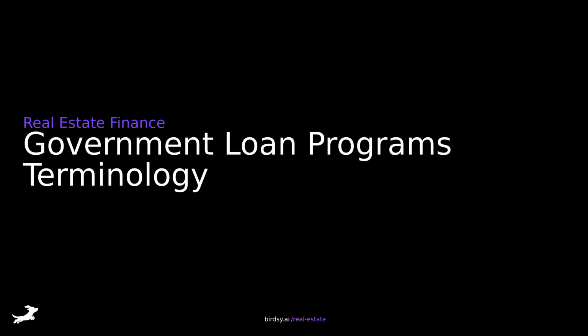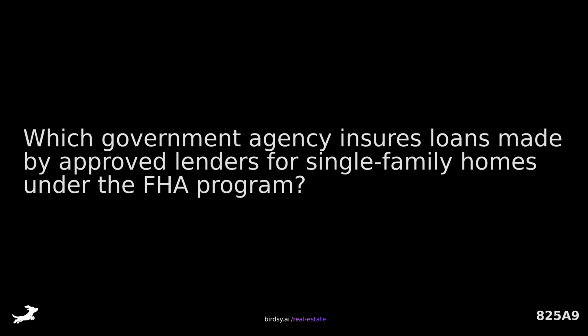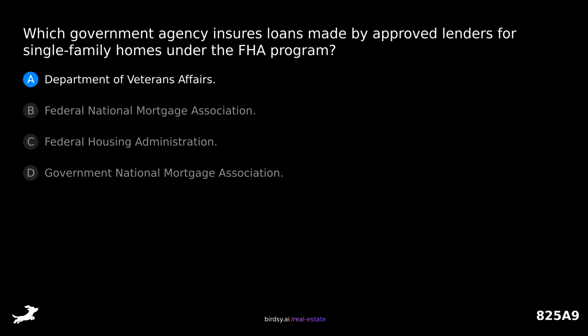Government loan programs terminology. Which government agency insures loans made by approved lenders for single-family homes under the FHA program? Is it A. Department of Veterans Affairs, B. Federal National Mortgage Association, C. Federal Housing Administration, or D. Government National Mortgage Association?